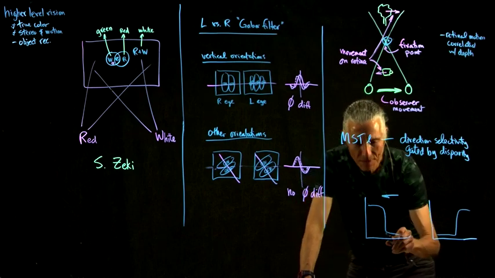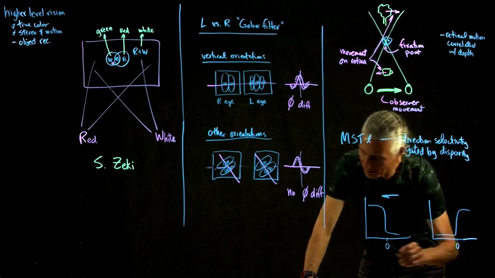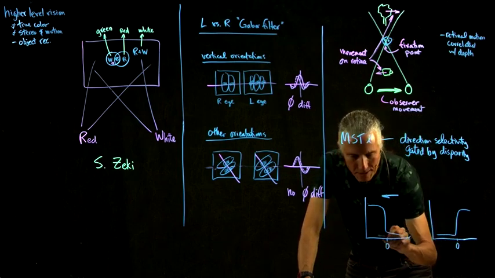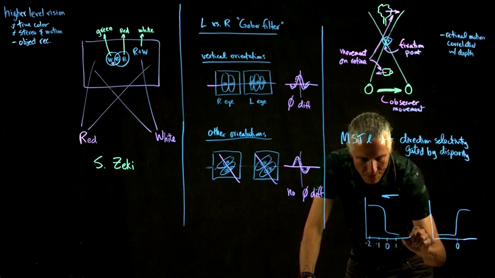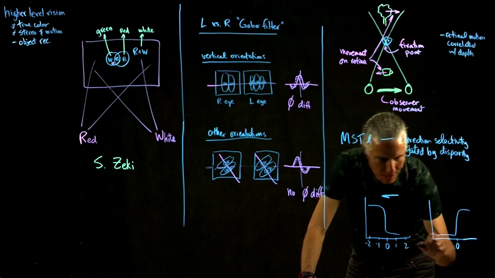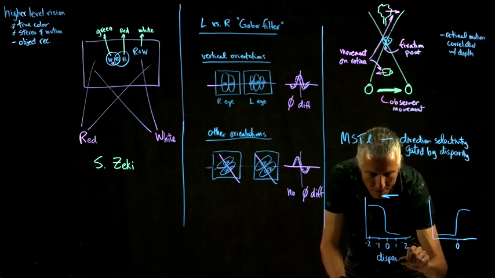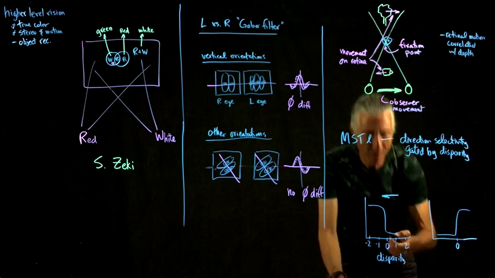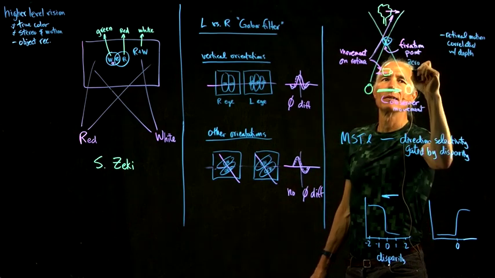something this way, and this is zero disparity right in the middle, and this is like minus, these are diopters of disparity, so disparity going this way. Zero disparity would be like at a fixation point.